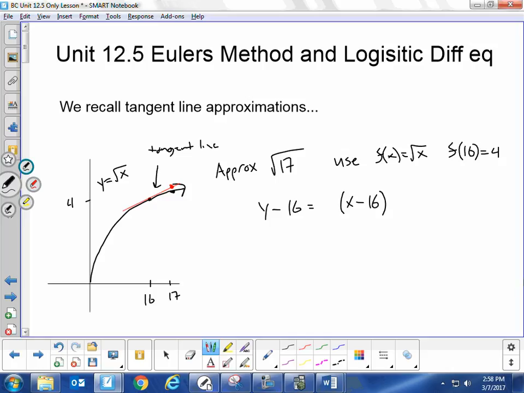I should have put 4 here. That's my y coordinate. And then what goes there, and how do I find it? For my tangent line equation. This is a nice little review.